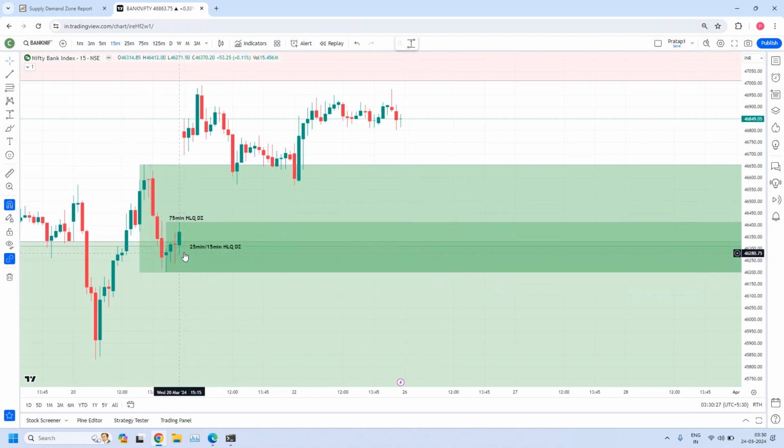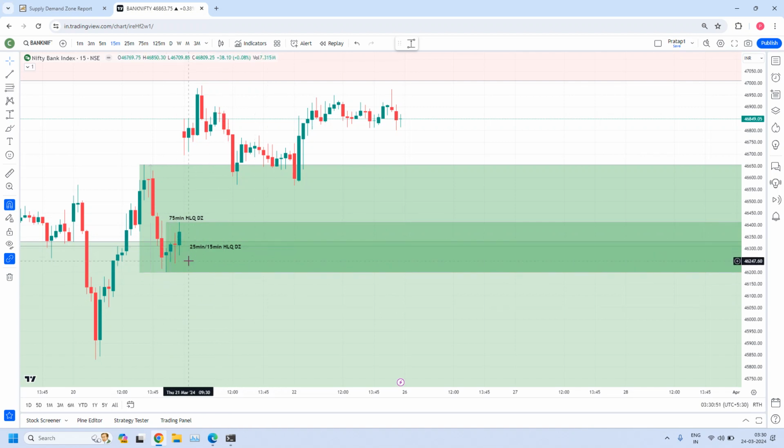The only thing is the 25 minutes distal line is a little higher, but here a little lower. We just extended, because for 15 minutes the most recent zone you have to give importance to the distal lines and proximal lines, because order flow will always be based on the lowest time frame.